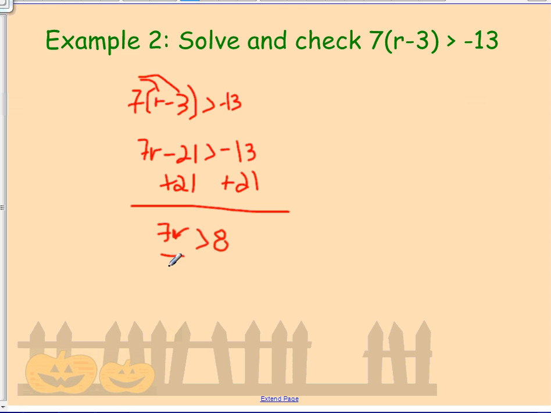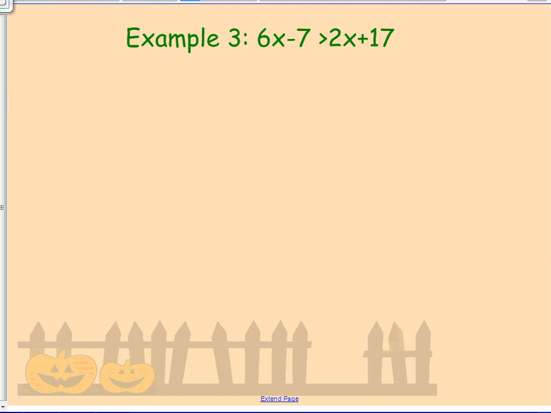Then I'm going to divide by 7, and because it is positive, we do not have to worry about switching the sign. So r is greater than 8 over 7. In this case, you don't really need to worry about changing it. If you want, you can change that to r is greater than 1 and 1/7.